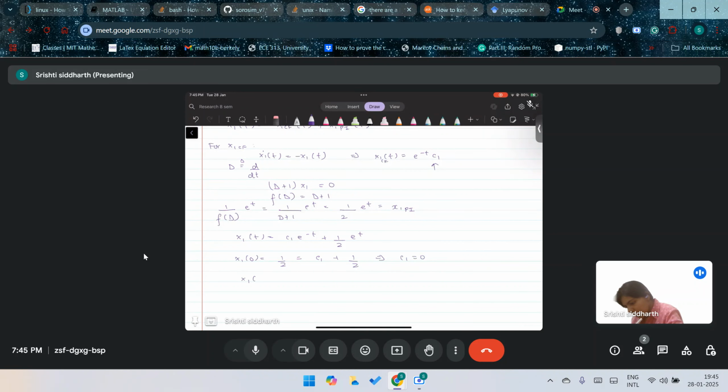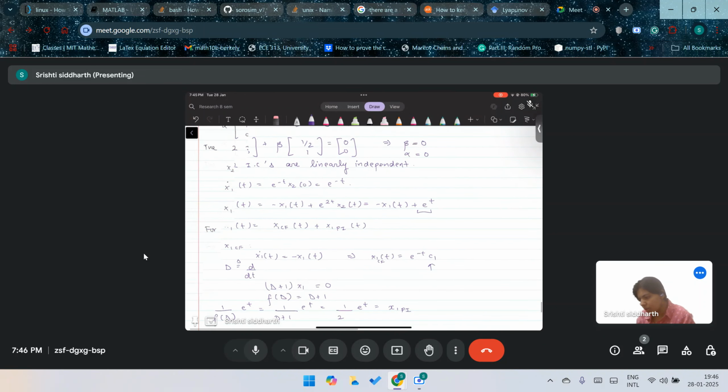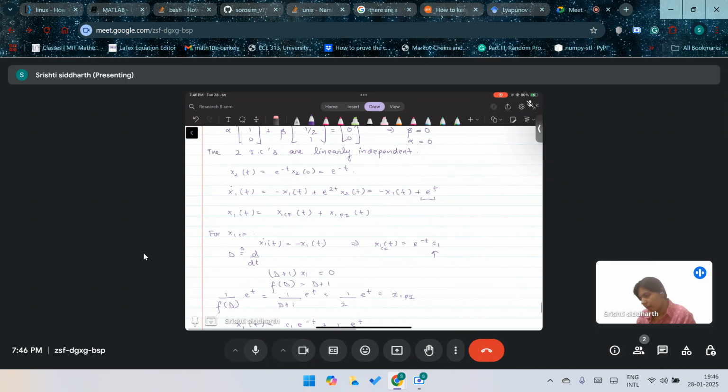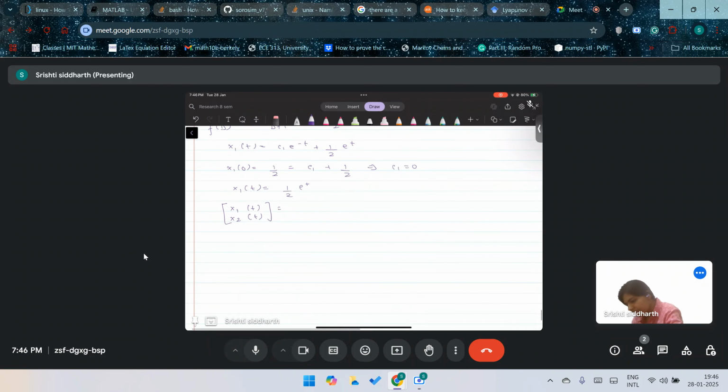So x1 at any time is simply half e to the power t. So now we have the complete state solution x1, x2 for the set of initial conditions half, comma 1. So we have x2 as e to the power minus t and then x1 as half e to the power t.